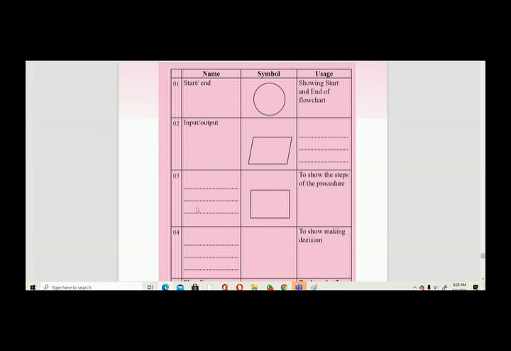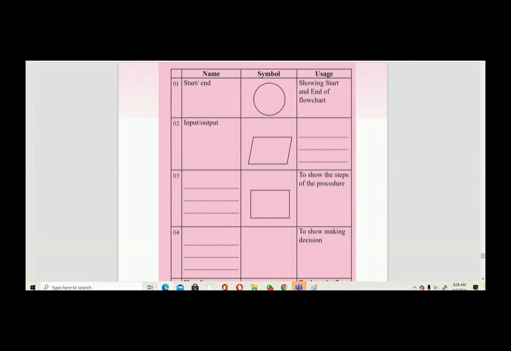So what is the next one? What is the name of this one? Not the shape, but when you are using it in flowcharts. Process or action.